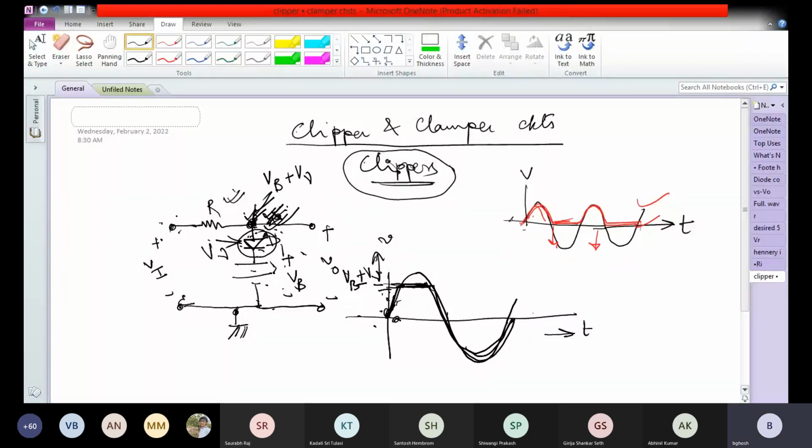So this output voltage is clipped at VB plus V gamma. Once the diode starts conducting, here diode D1 is on, the voltage at this point X, the voltage at the output, cannot rise more than VB plus V gamma.